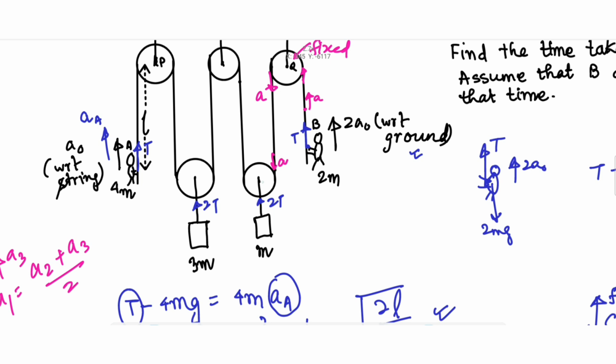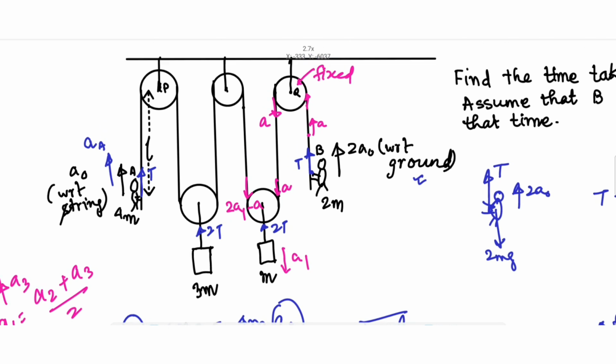Now this is a moving pulley, so here we cannot write A. Say this acceleration is A1. Then we can write it as 2A1 minus A. Now this is a fixed pulley again, so it is going down, it is coming up, so here it is 2A1 minus A. Let us say that this is A2.